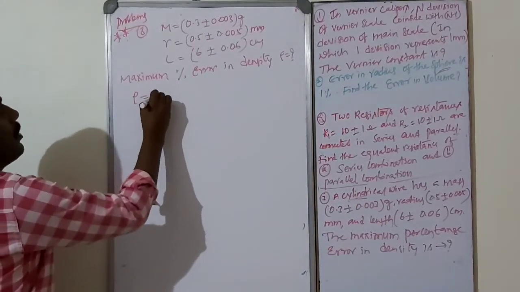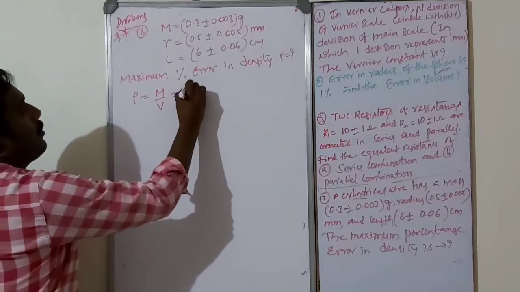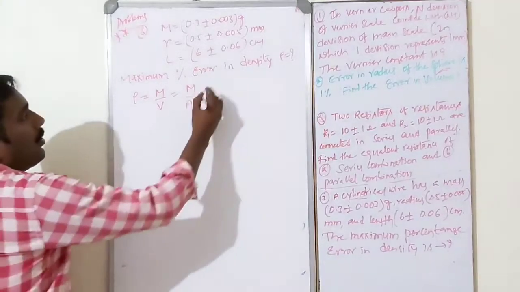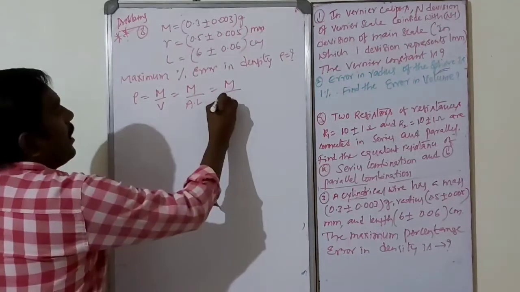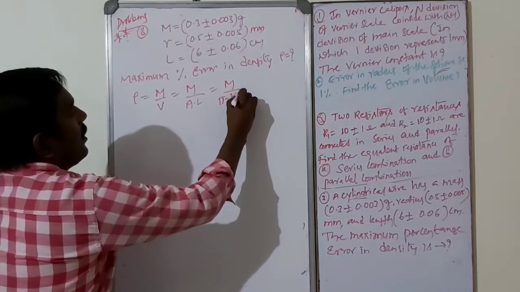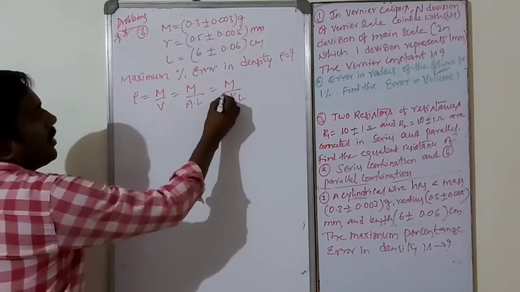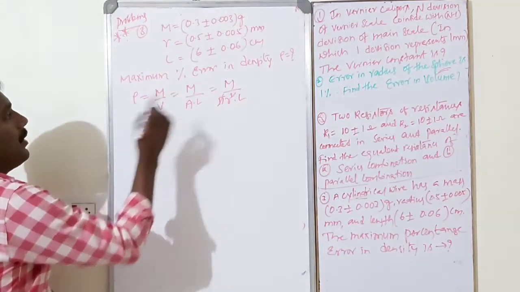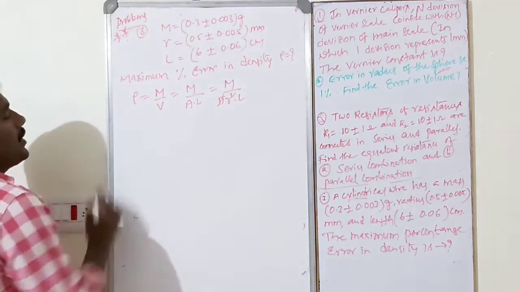Density is equal to mass by volume. Volume is area into length, so m divided by the area of the cylindrical wire, pi r square into L. Pi is a constant.